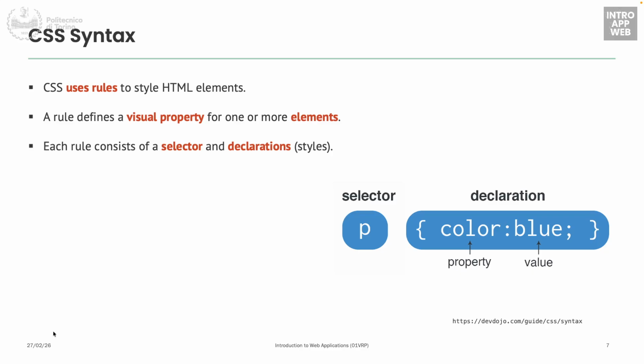And then, from what is written there, it makes the text blue. This color might be ambiguous, but I will tell you it concerns the text. So how do we read this? I want all of the P elements in my HTML to have the text with the color blue.